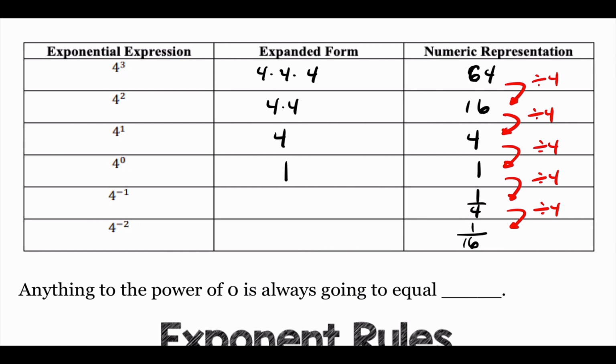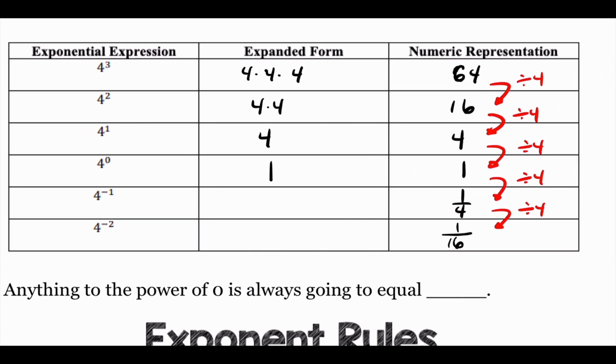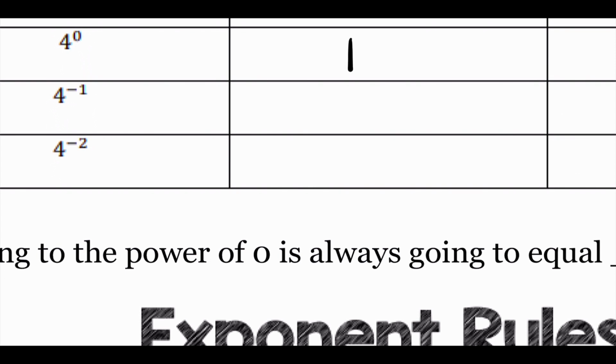So what's the trick? This is the trick we use. If it has a negative exponent, move it to the bottom and the power becomes positive. So 4 to the negative 1, move that to the bottom and it becomes positive 4, which is just 1/4, right? Same thing with negative 2 power.